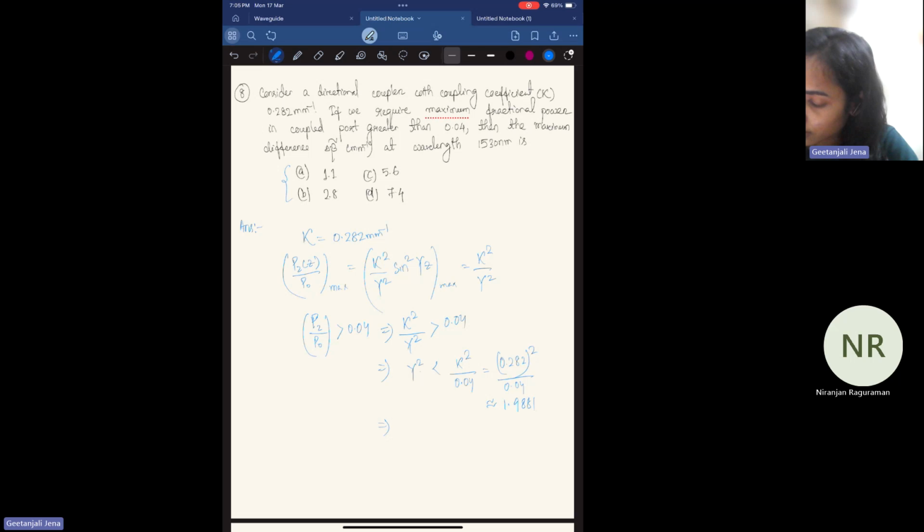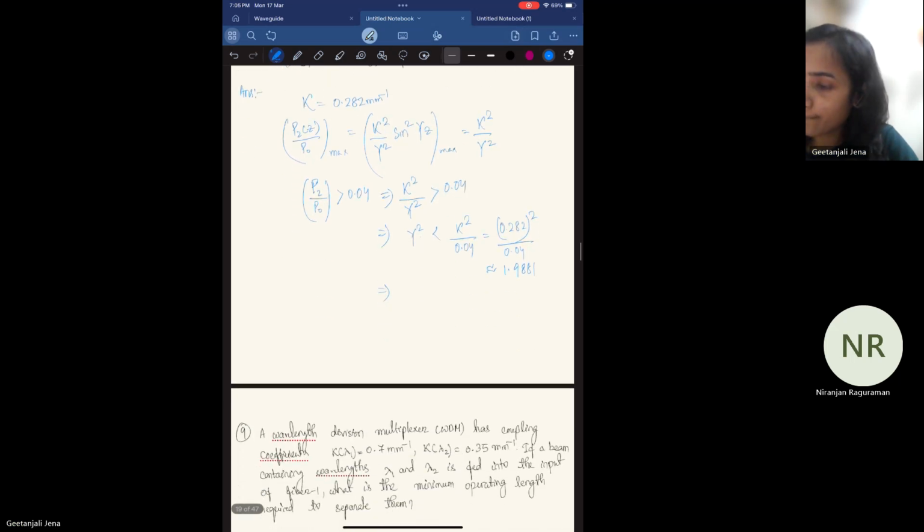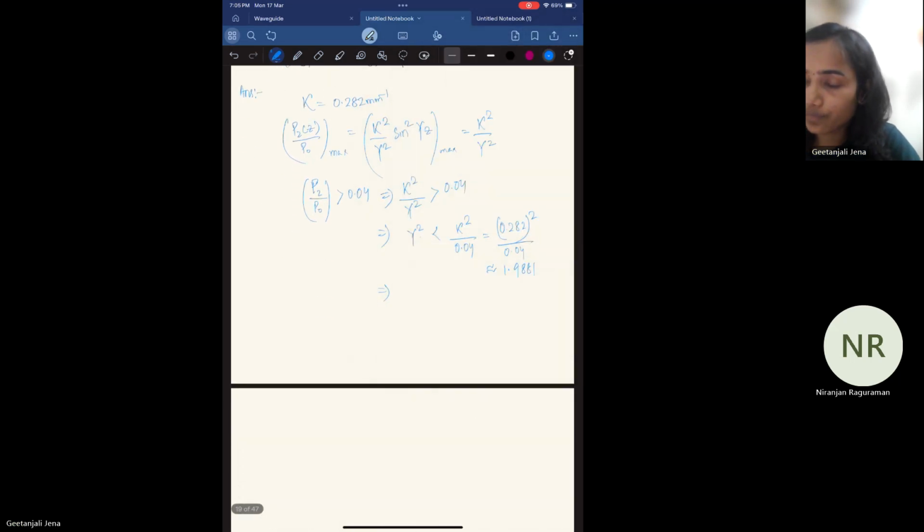So let us put gamma square first: kappa square plus delta beta tilde square by 4 should be less than 1.9881.